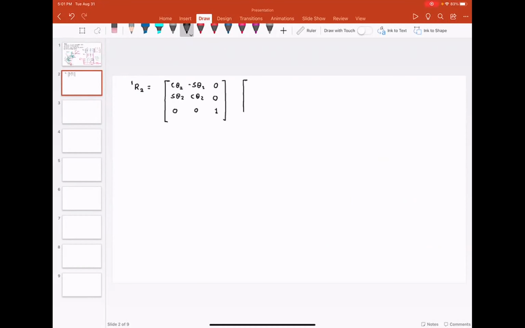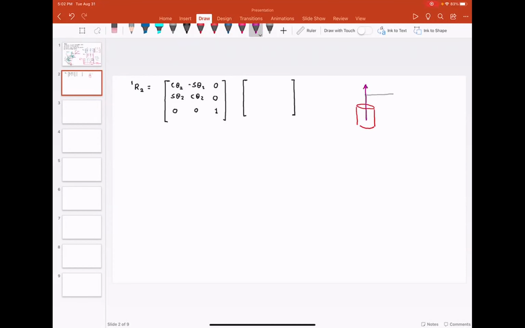The next part is the rotation matrix, and I'm going to draw the robot again so that it would be clear. Because for our first few robots, we may have to actually do this exercise in detail.